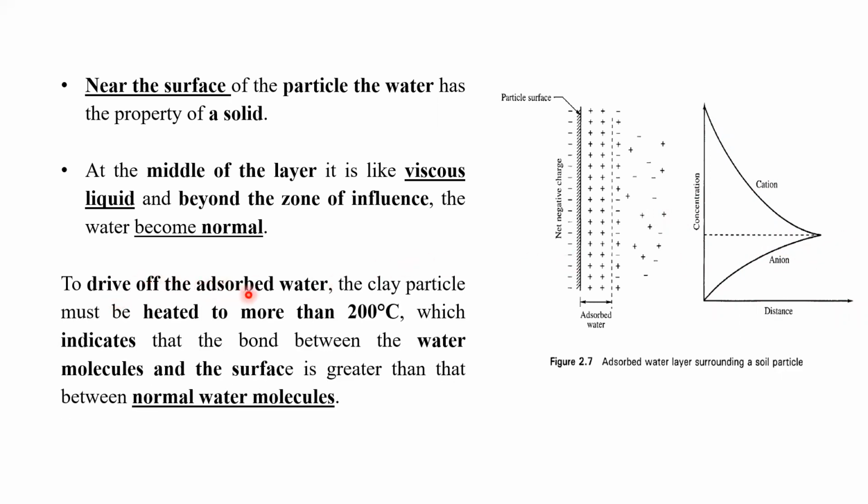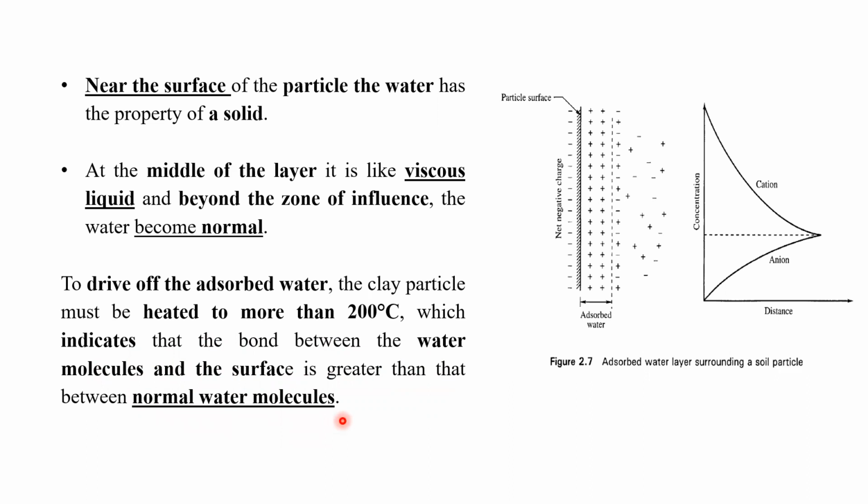To drive off the adsorbed water, the clay particles must be heated to more than 200 degrees centigrade, which indicates that the bond between the water molecules and the surface is greater than that between the normal water molecules, H and OH.